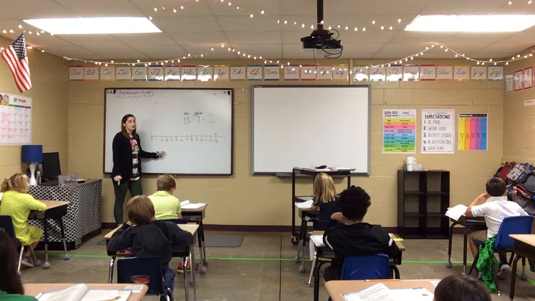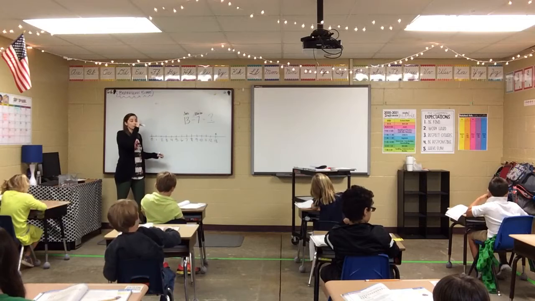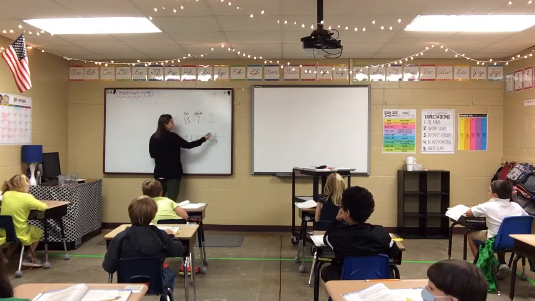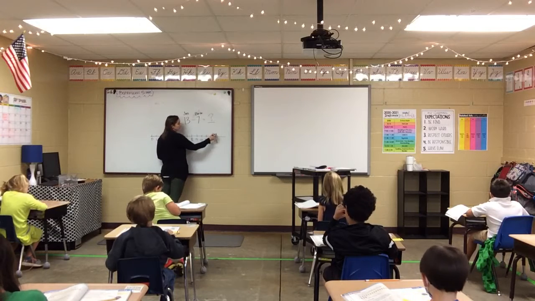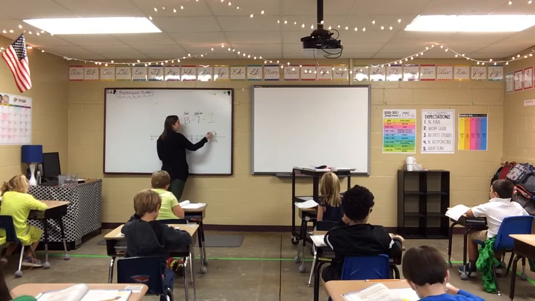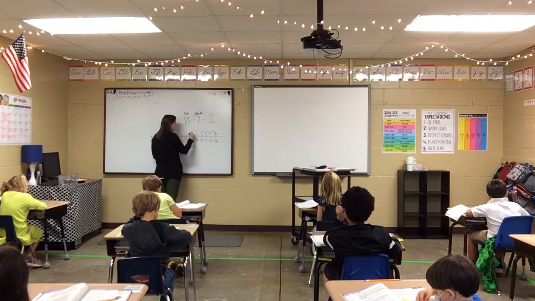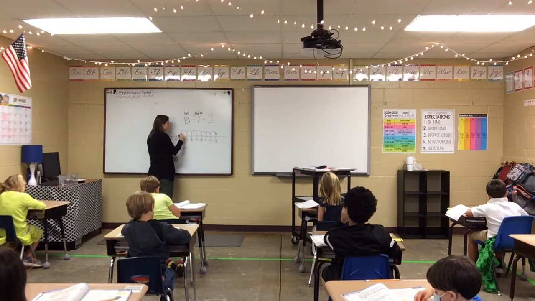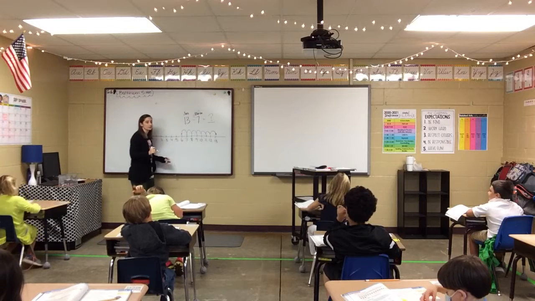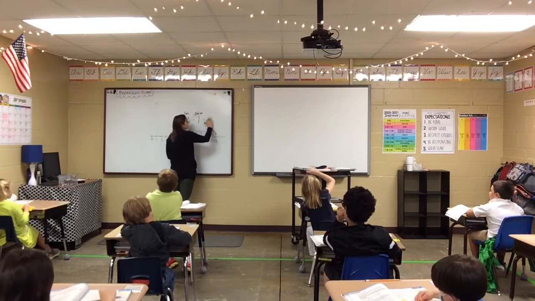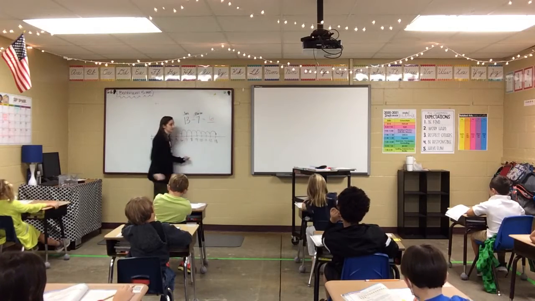How many jumps are we going to make? We're going to make 7. So put your finger on 13 and let's jump. 1, 2, 3, 4, 5, 6, 7. What number did we land on? 6. So, 13 minus 7 is 6.